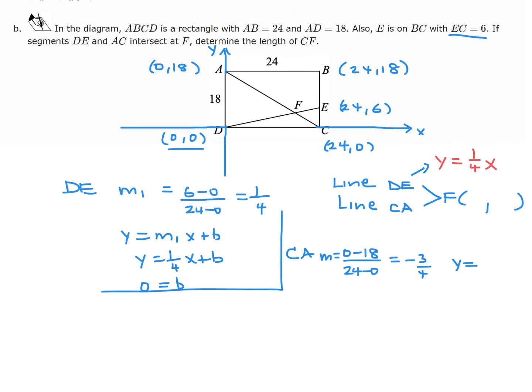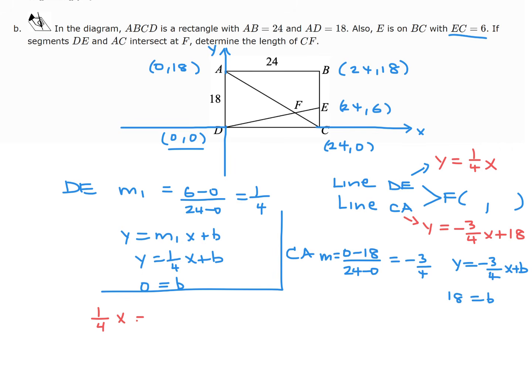So y is equal to minus 3 over 4 x plus b, and then substitute in one of those points. So put in 0, 18. When x is 0, y is 18, so that means b is equal to 18. Therefore that equation is y is equal to minus 3 over 4 x plus 18. Okay, so then finding the intersection should be easy.